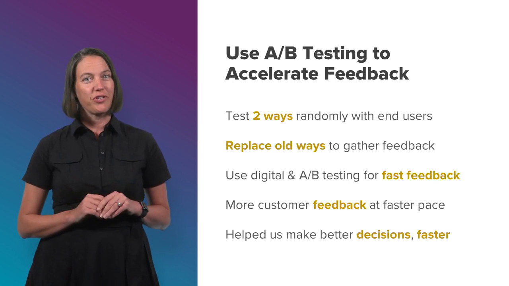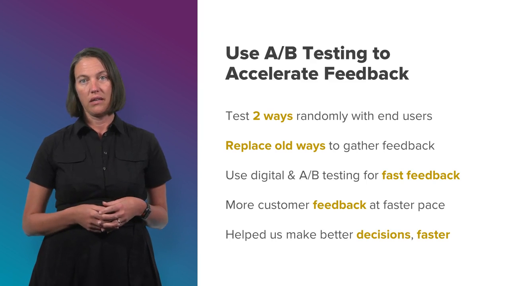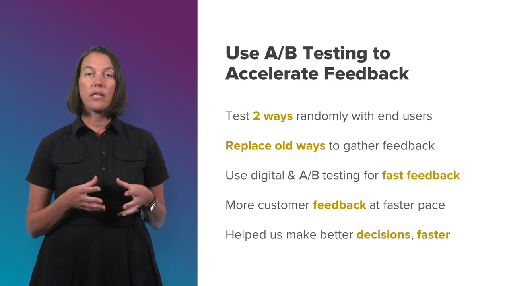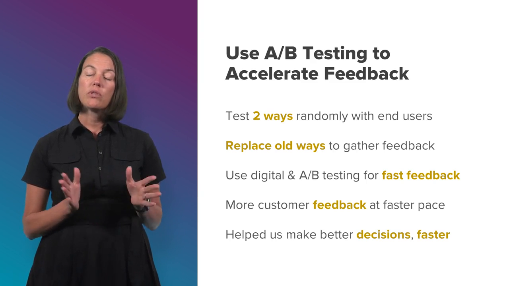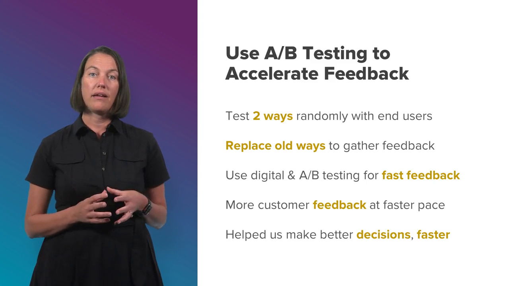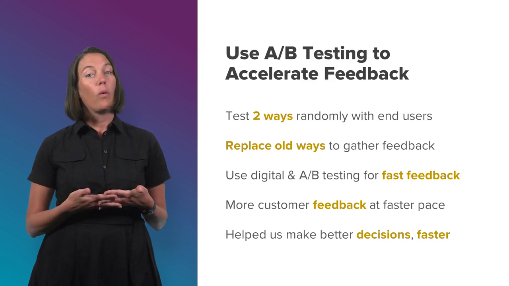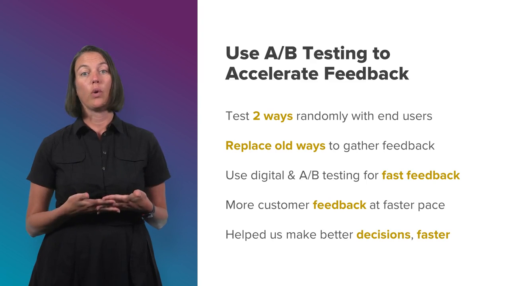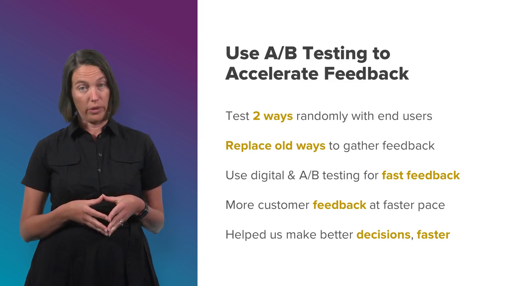As we started our digital transformation at Nordstrom, we invested heavily in A/B testing. It was such a great way for us to get quick feedback from our customers at scale. We could experiment with two different experiences and let the customer feedback help us decide which one to implement. Nordstrom had always been a customer-centric organization, and we sought feedback from our customers frequently.